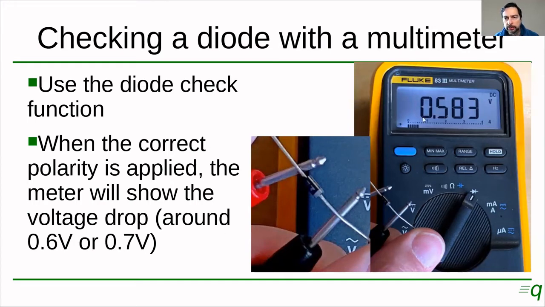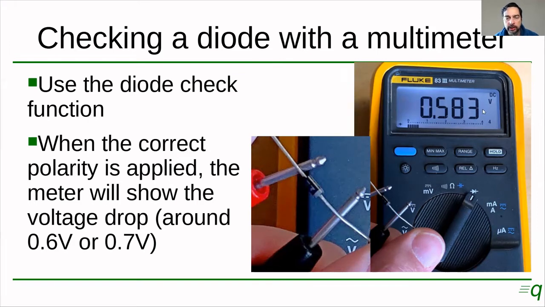Because the current from the multimeter is very low, we're getting a voltage that is a little bit below the 0.7 that I was mentioning previously. When the diode is damaged or destroyed, you would see a much lower voltage here if the diode ended up being short-circuited, probably less than 0.1 volts.